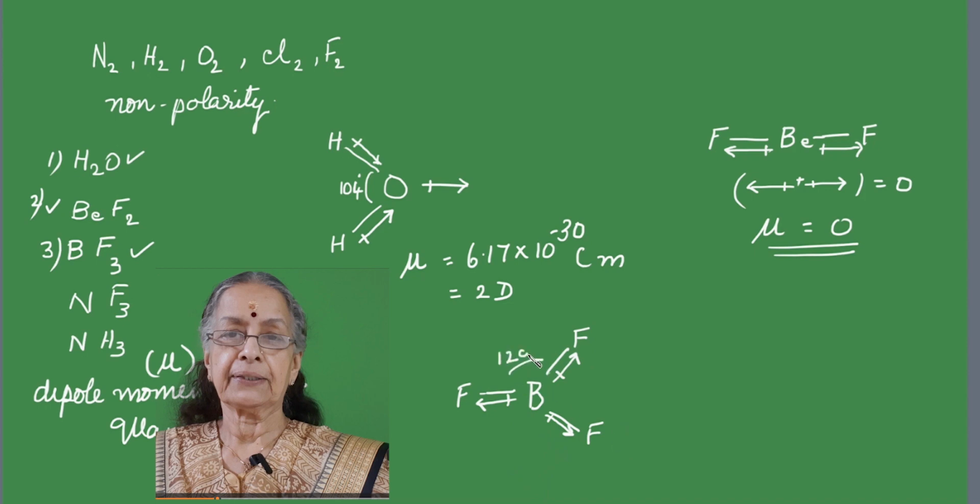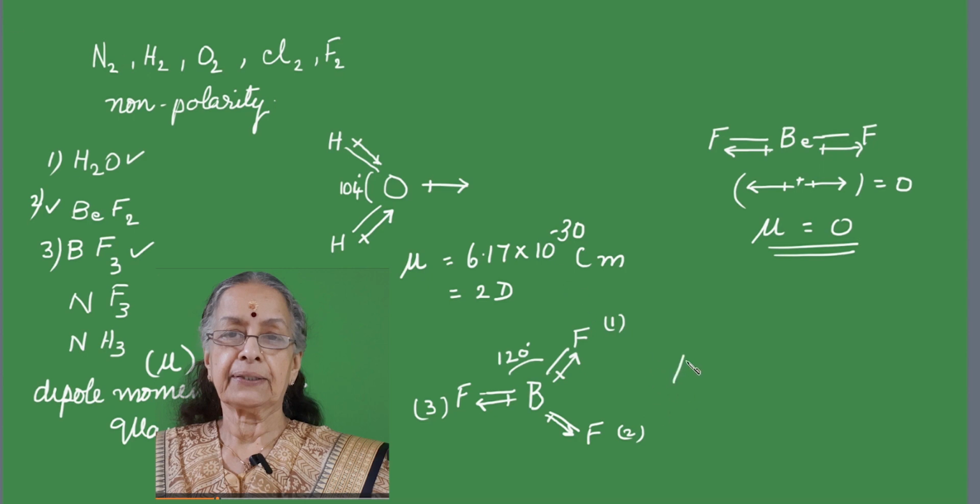Their magnitudes are the same. For convenience of explanation, we will number these boron-fluorine bonds as 1, 2 and 3. It has been found that the resultant of any two of these dipole moments will be equal but opposite to the dipole moment of the other bond.